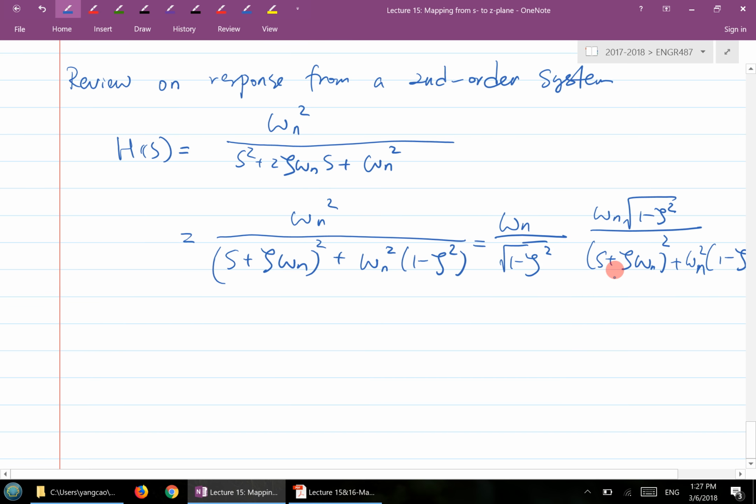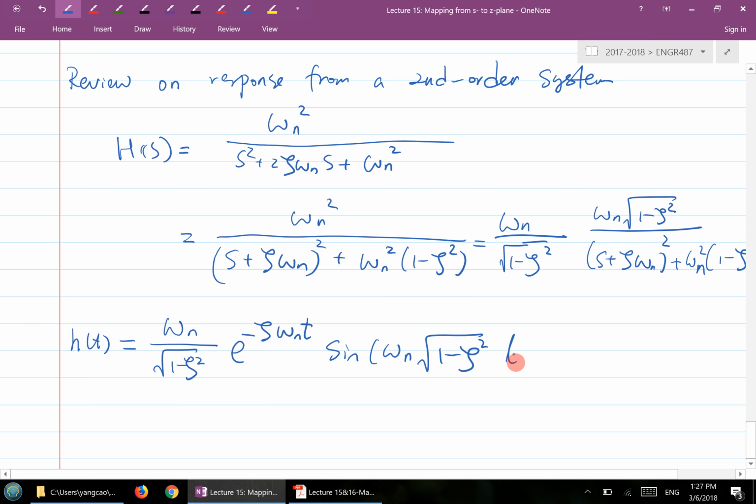But what I wanted to show here is, if your H of s is written in terms of this one here, you can do an inverse Laplace transformation, and then you get your time function, which is omega n over square root of 1 minus zeta squared, e to the power of negative zeta omega n t, and sine of omega n square root of 1 minus zeta squared times t.